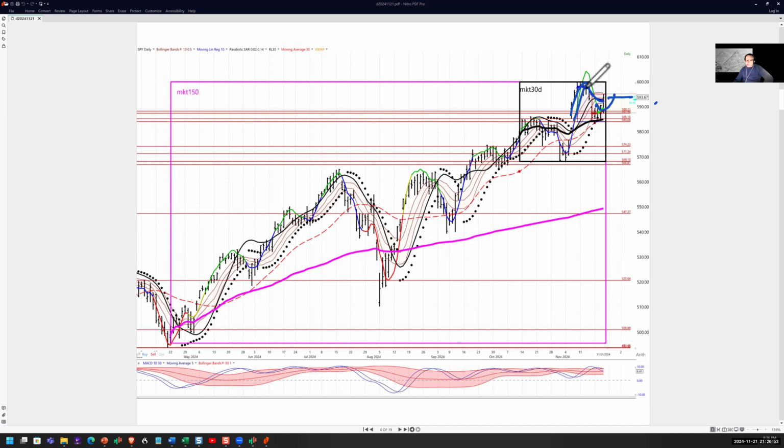So this is actually a kata 2 forming. So if we get any kind of upward move, that's a kata 2. If we wait for it to get above 600, that's an emerging dragon, and then it's off to the races. So this was a vote to the upside today.